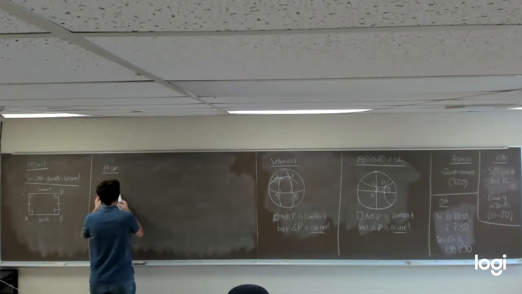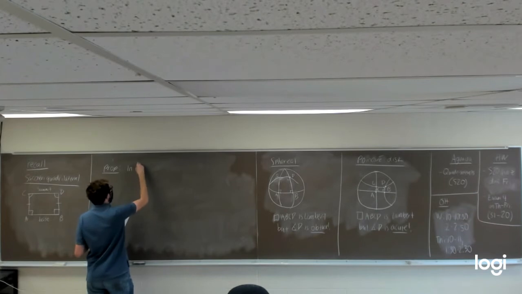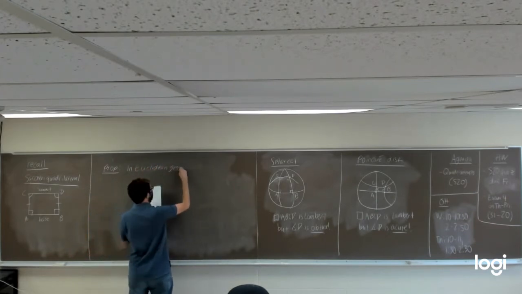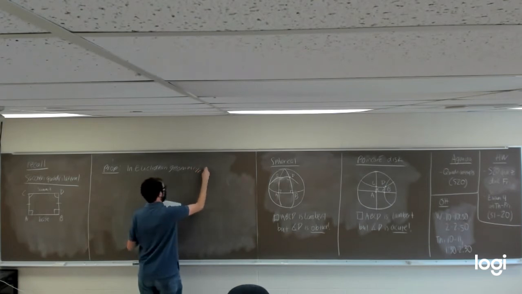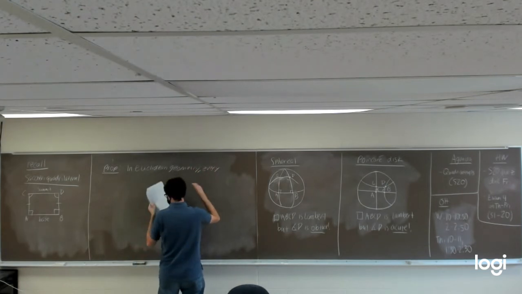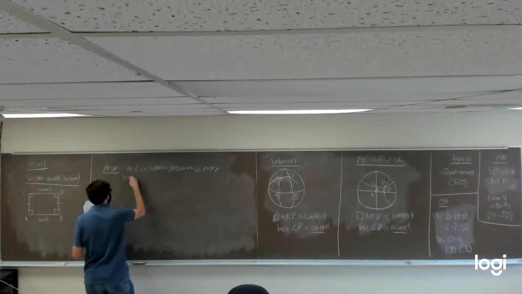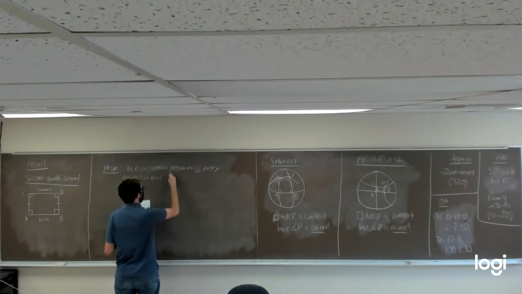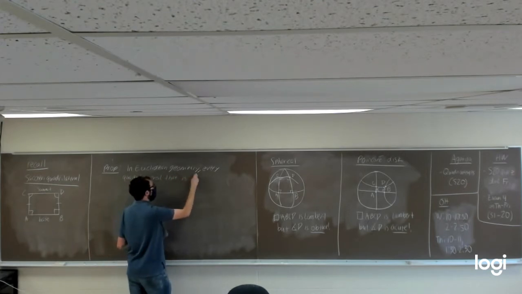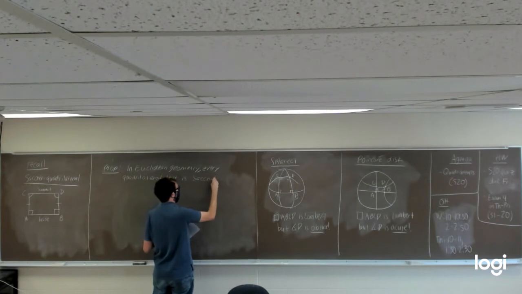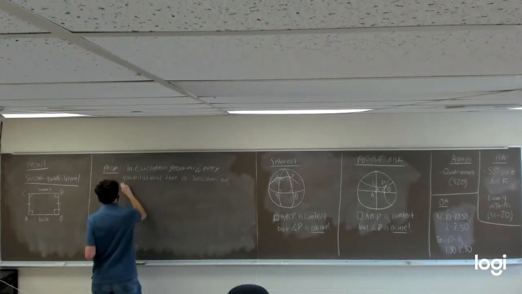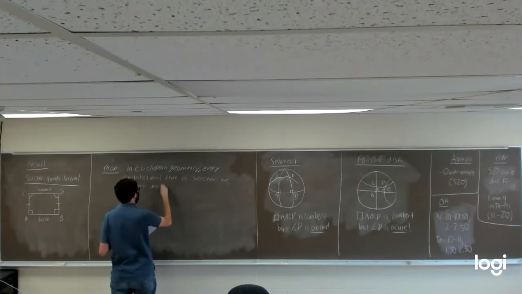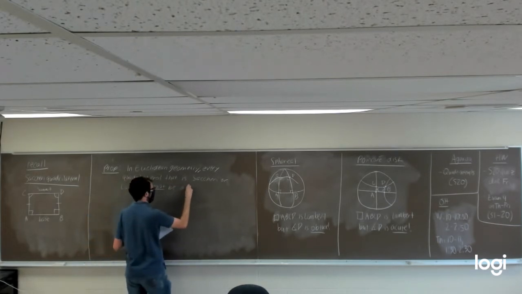And what this proposition says is that in Euclidean geometry, every quadrilateral that is Saccheri or Lambert must be a rectangle.